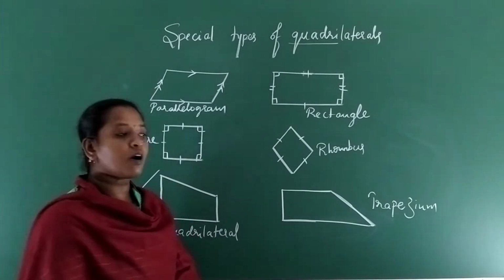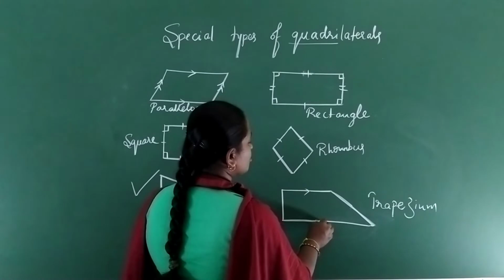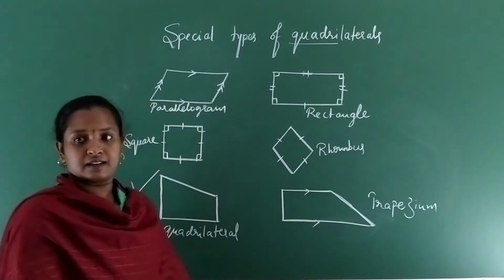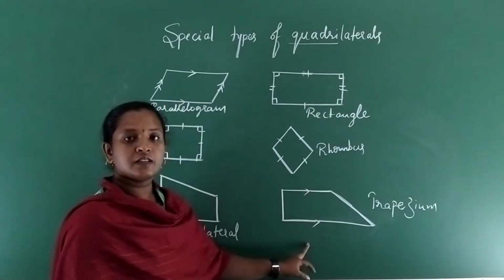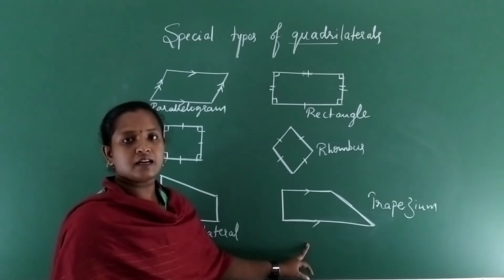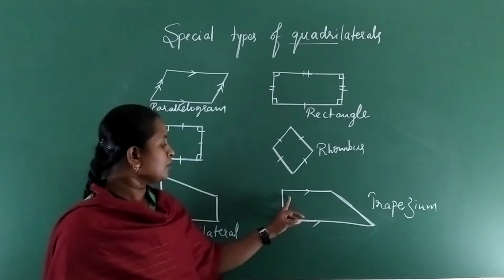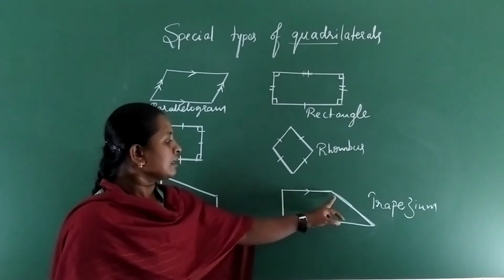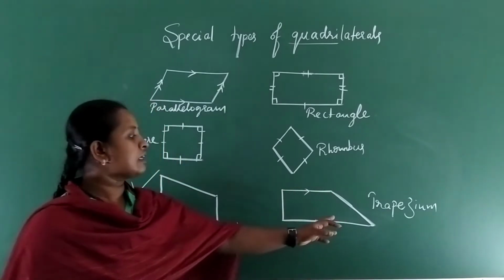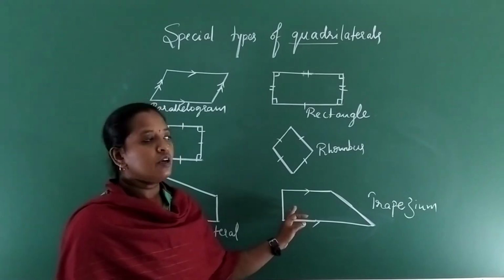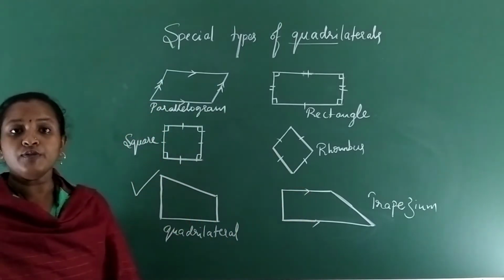A plus b means what? These two lines are parallel. Only opposite sides are parallel. That is called a trapezium. And you may know that one. It looks like, here we will get a triangle also, even a rectangle. So these are all the special types of quadrilaterals.